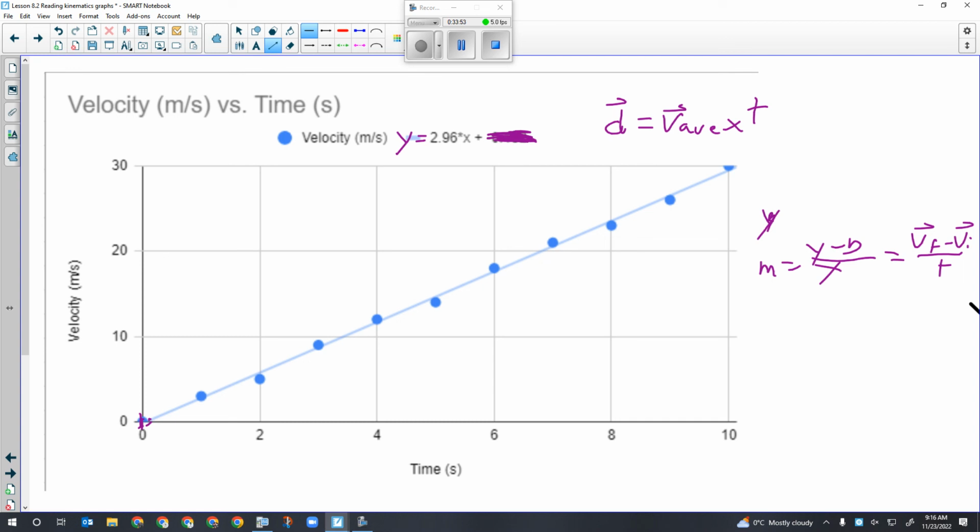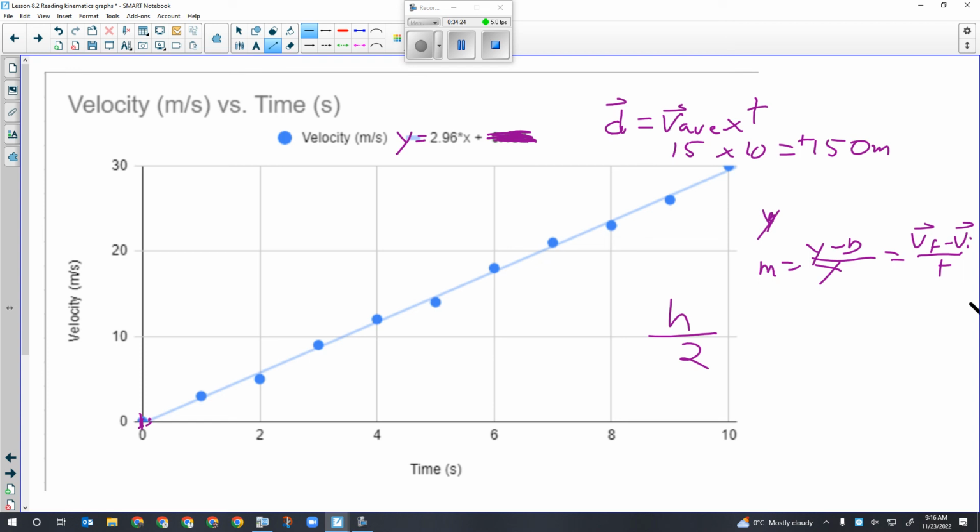How did I do that? Well, I took the height of my triangle and I divided it by 2. The height of my triangle is 30. Okay, 30 over 2 is 15. And then I multiplied it by the time. So I got an average velocity of 15, a time of 10, okay, my total displacement should be positive 150 meters.